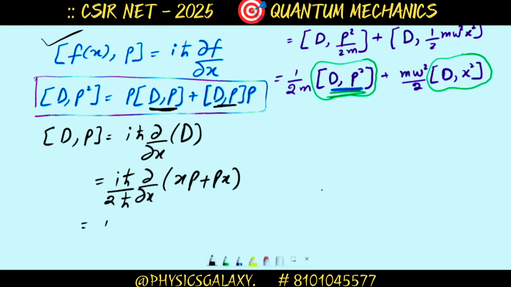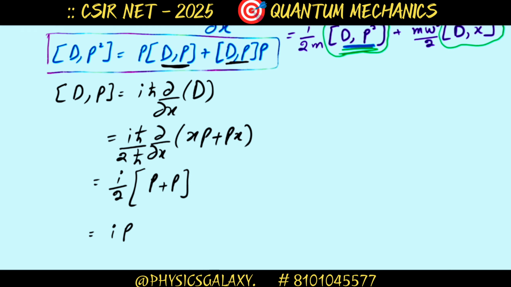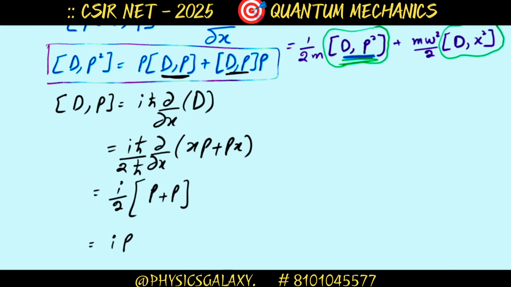So we can write iota by 2, then p plus p, which is equal to simply iota p. So this is the commutation of D with p: it's iota p.